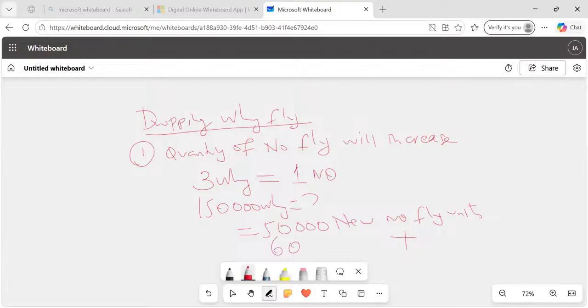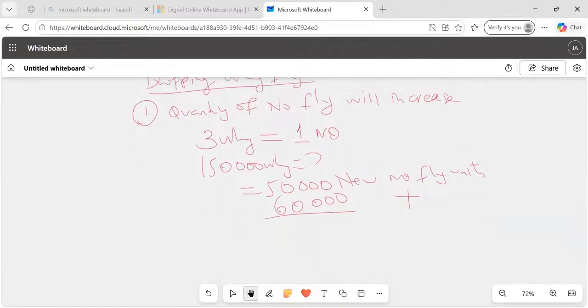This is how we got the 110,000. So I hope somebody who was asking about how you got that quantity of 110,000 is now able to relate.